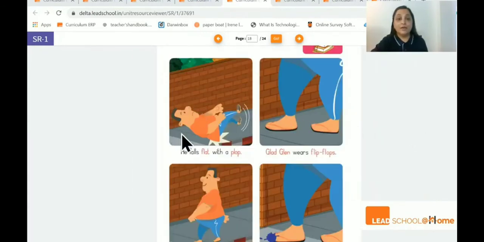Now look at this picture. What's happening here? Glad Glen falls, right? Now let's try to read this sentence. But first we will read the words. Which blend is this? Fl. The letter sound a. And this t. Fl-a-t, flat. Now let's read this. Read this word and tell me what is this word?